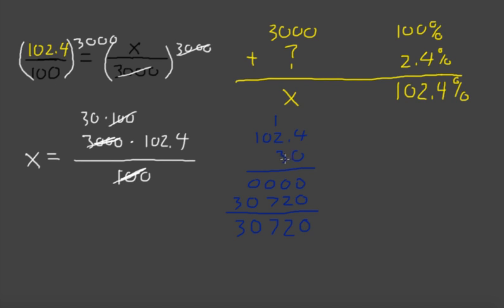Now, question at hand is, we got to remember this decimal, all right? I don't want to forget that. So there's this decimal over here. We usually don't use it, but it's there. So it means that we're going to go over 1. So in essence, this really just equals 3,072. So x equals 3,072.